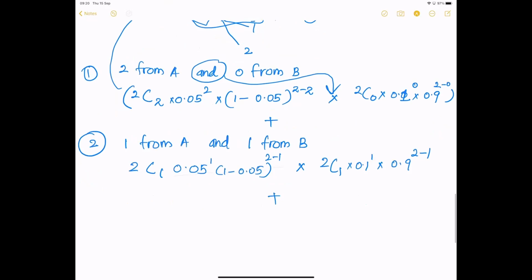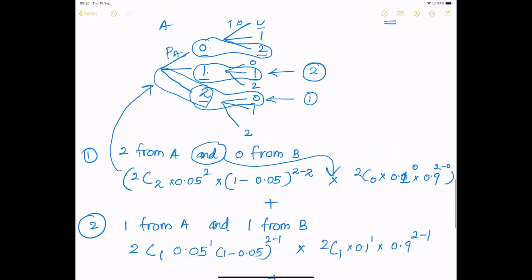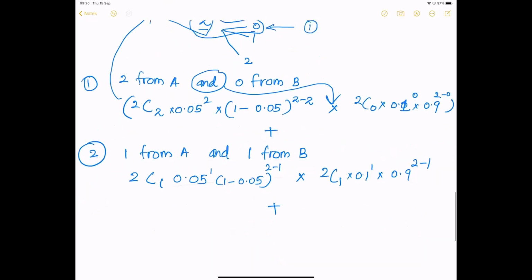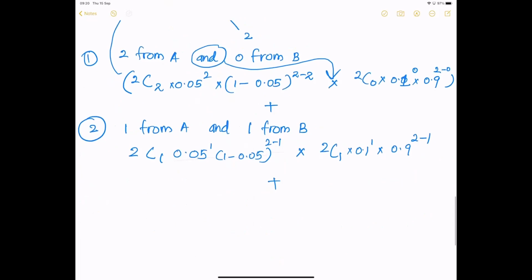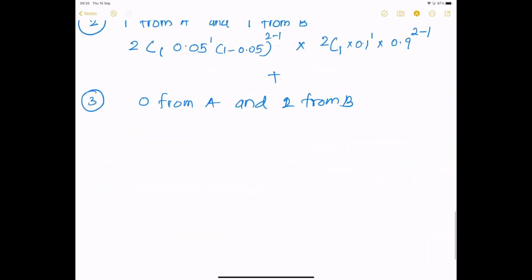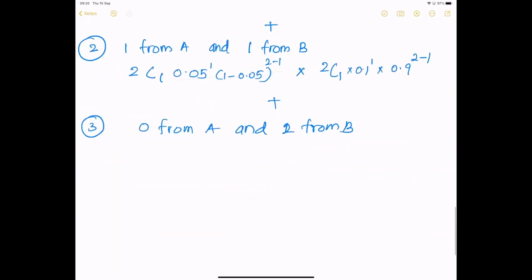You have to take all the probabilities and take the sum, right? You know the probability theories, right? The third one should be 0 from A and 2 from B, right? Then that is this option.